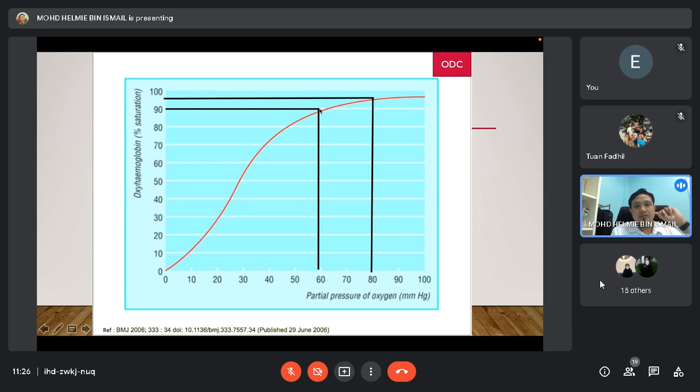It's not dramatic. So you need to make sure the patient has SpO2 more than 90% to 100, and partial pressure of 60 to 90, because this is a safe range. If less than that, the oxygen will drop dramatically.